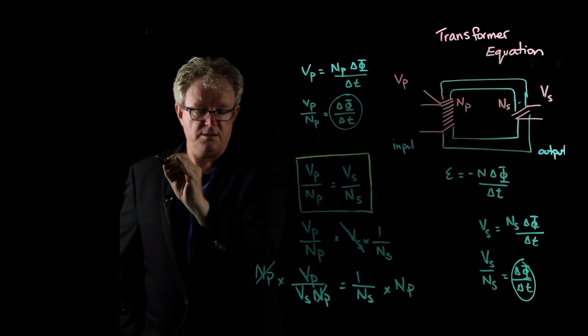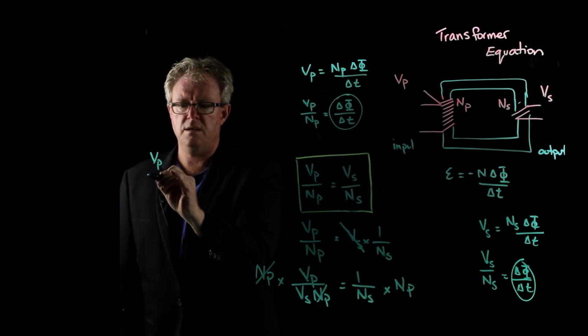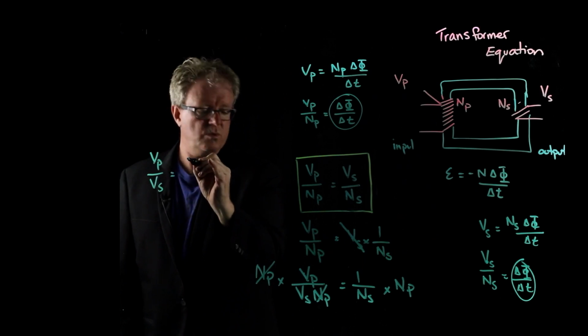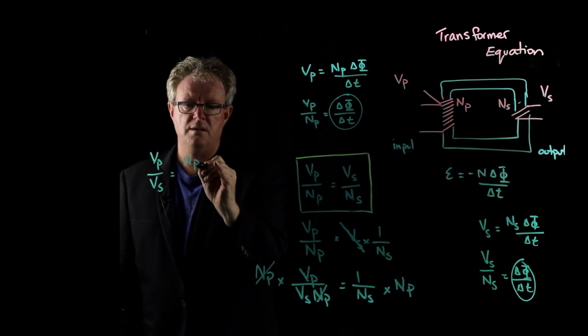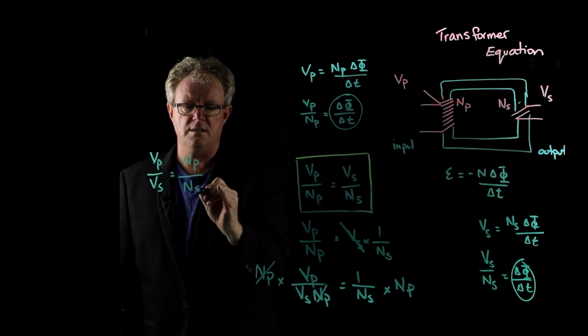If we rewrite it, we have VP over VS equals NP over NS.